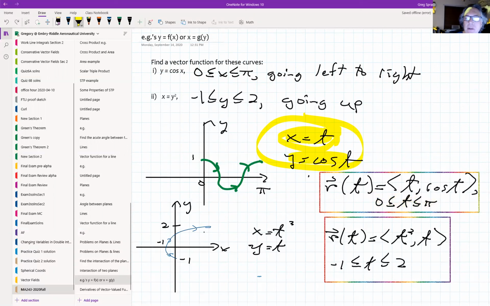Once you have the parametric equations, it's a piece of cake to write the vector function. You just take the x function and the y function and put them in a vector. Like that. So r of t equals t, cosine t, and t goes from 0 to pi.